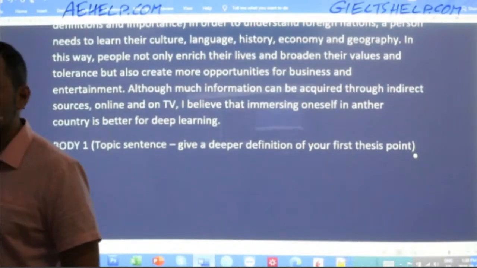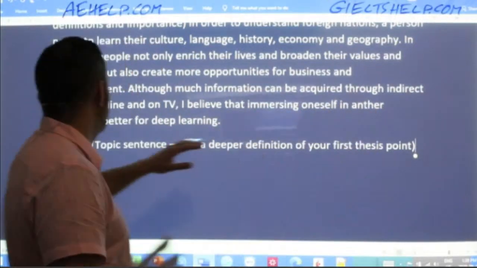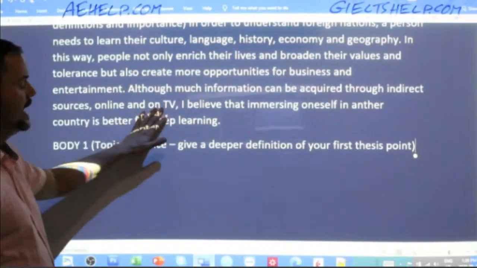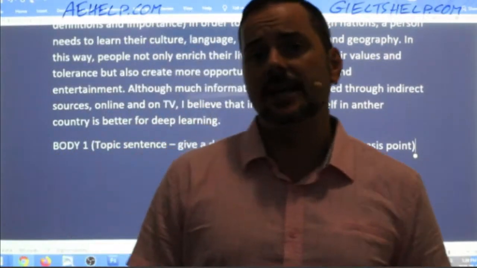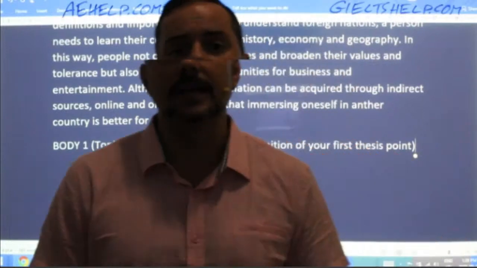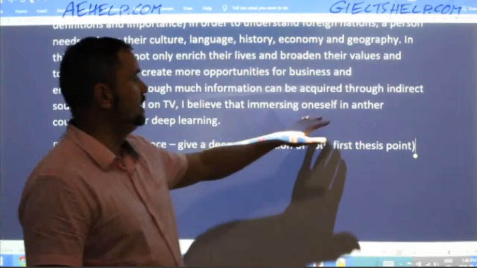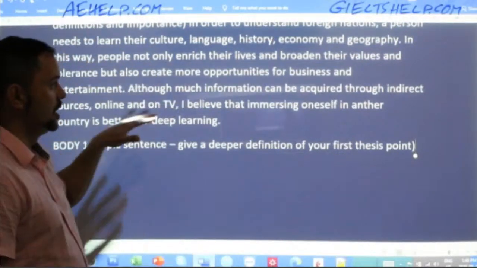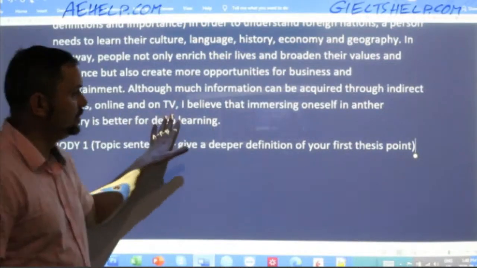And the first thesis point here is information can be acquired through indirect sources online and on TV. Okay? So give me a nice topic sentence that gives the reader further definition about getting information on other countries through indirect sources like online and on TV.